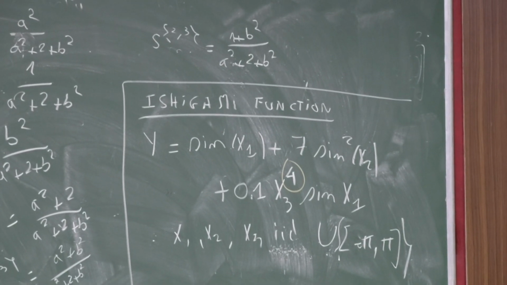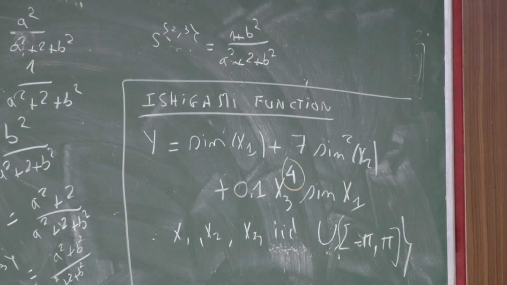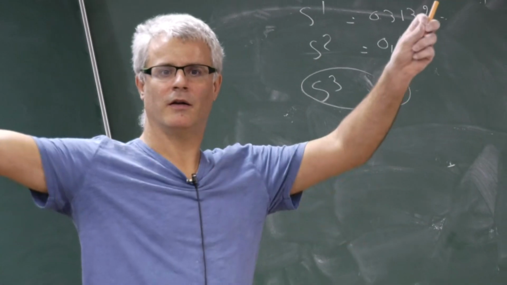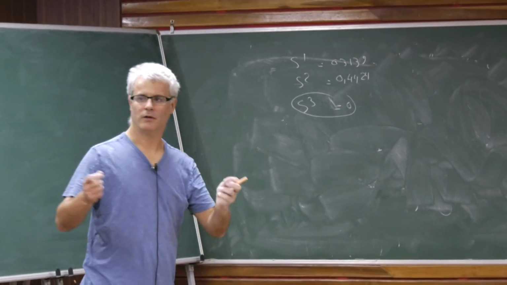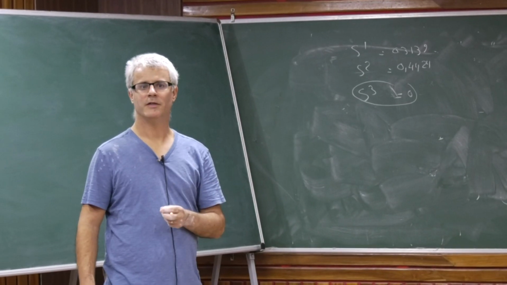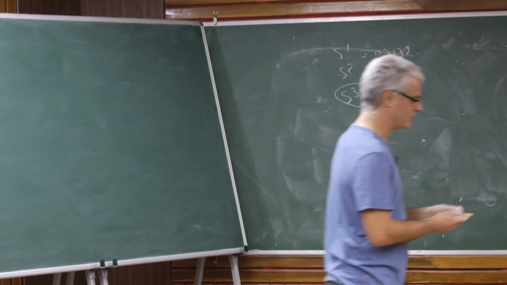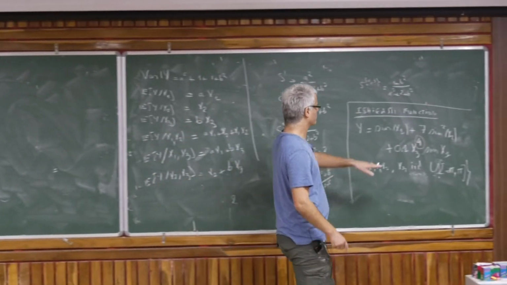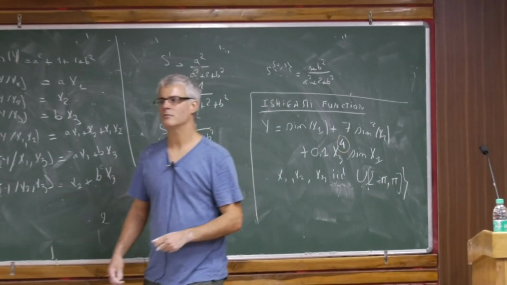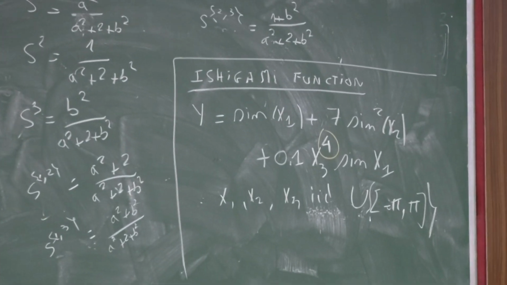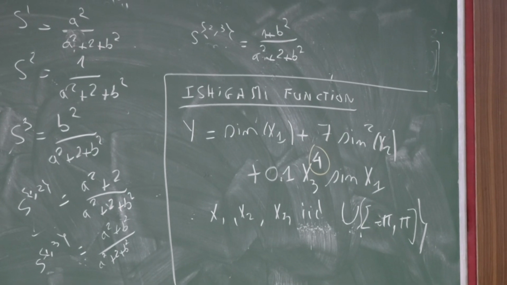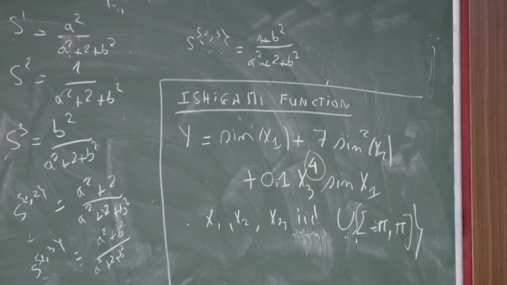So intuitively you would like to have something that tells you that x3 is very important, because if you take something to the power 4, I stress the variability. What is happening here is that you multiply this one by sinus x1. That x1 is centered, so sinus will also be a centered variable.